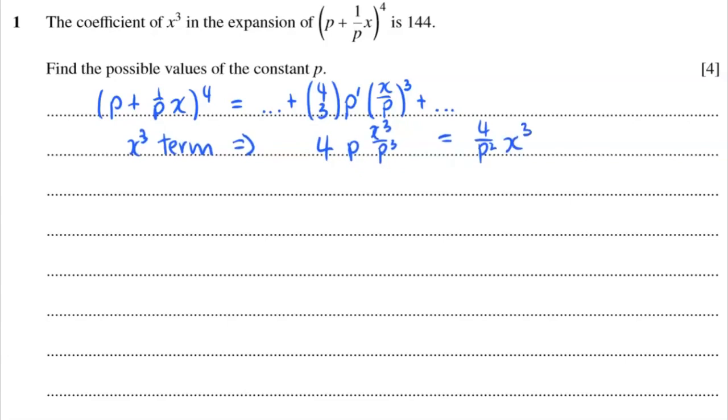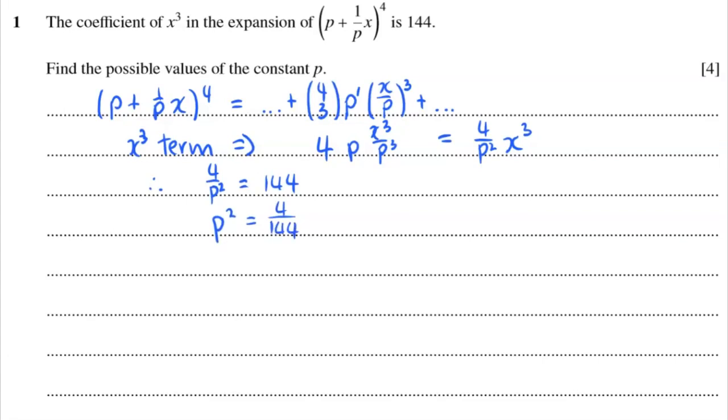Now we know the coefficient, and we're told that the coefficient is 144. Therefore, 4 over p squared is equal to 144. We're dividing by p squared, we can move it up and multiply by 144 and take the 144 down and divide by it. Or you can flip both sides and then multiply by 4. Whichever way, you end up with p squared is equal to 4 divided by 144.